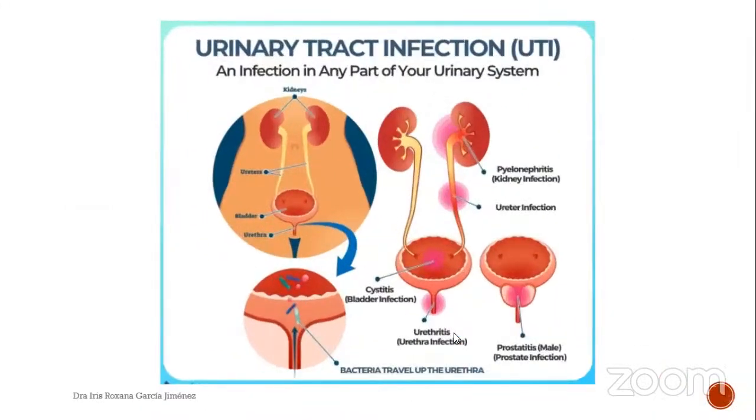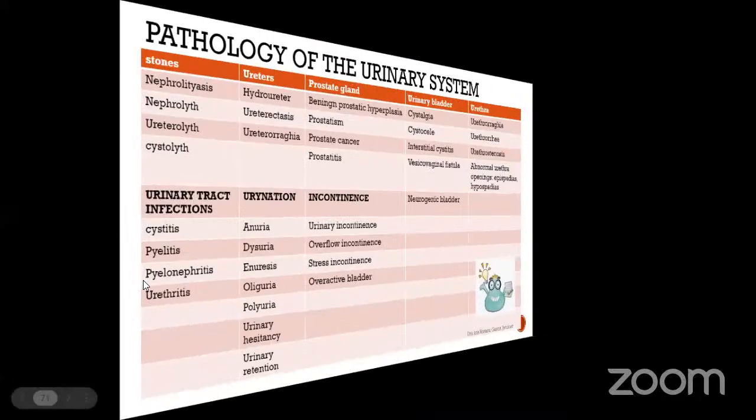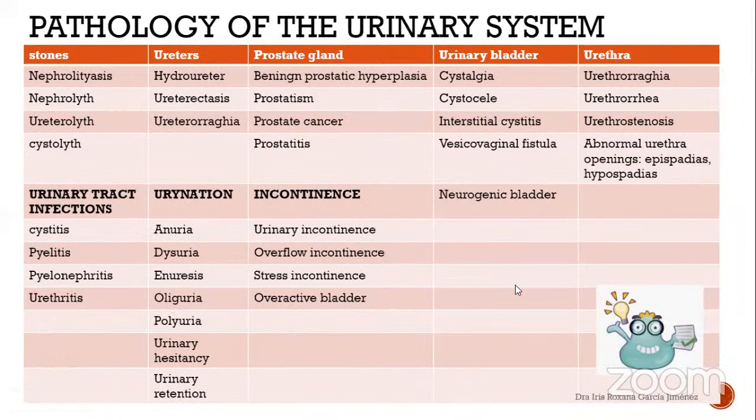For the urinary tract infection, according to the place that is infected, here we have the name and how to write it down. For example, pyelonephritis, the kidney infection, or the ureter infection, or cystitis, or maybe urethritis, very common, or prostatitis in males, very common too. Okay, just for showing you this detail. And now we get to the pathological situations, right?